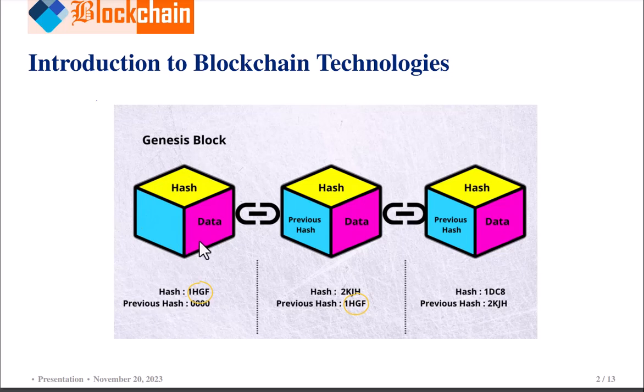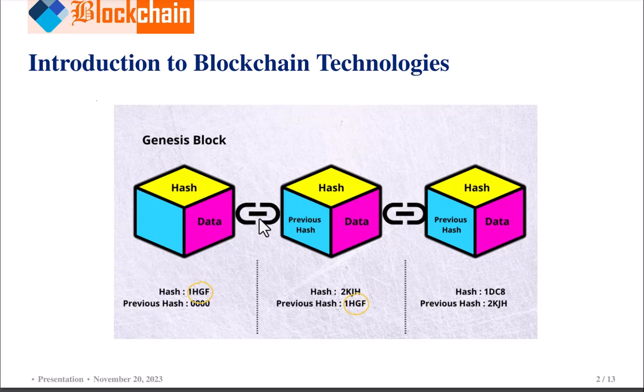This block contains data and it contains a hash. Data and hash make up a block, and each block is connected to another block, and there is a chain between 2 blocks.